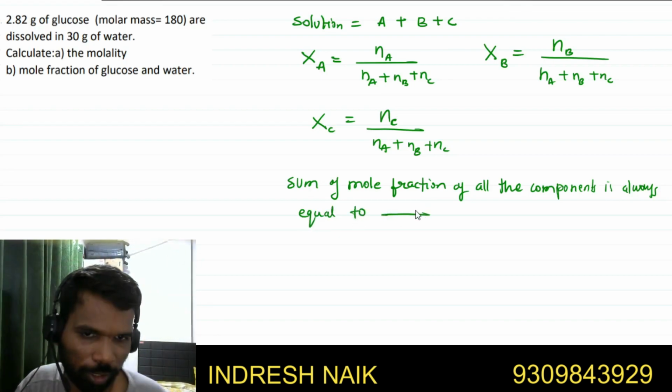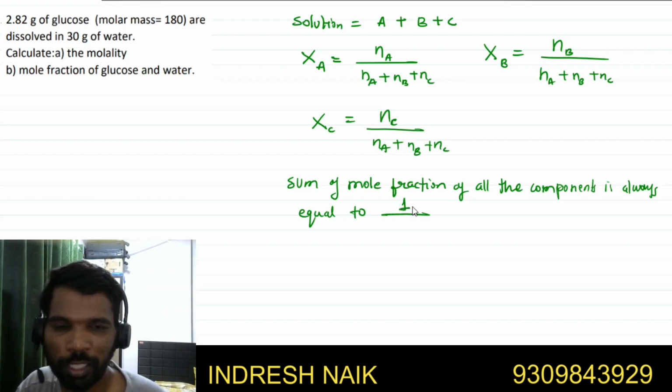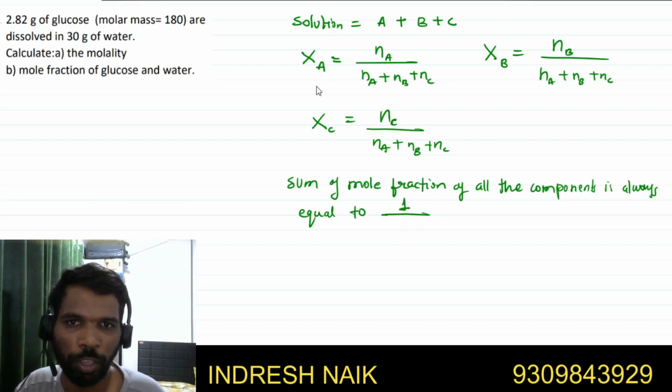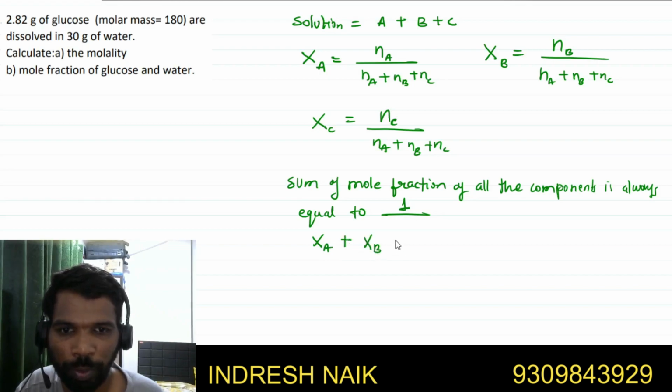Can you guess what should be the answer? The answer is 1. If you add the mole fraction of A, mole fraction of B, and mole fraction of C, then it should be equal to 1.